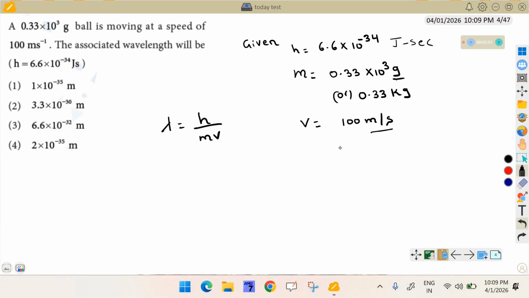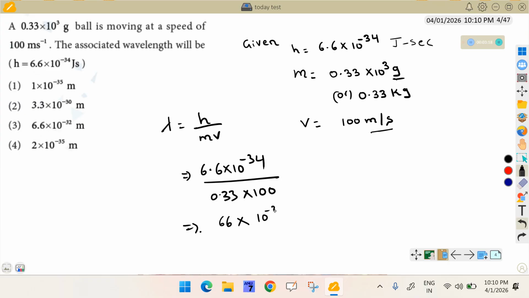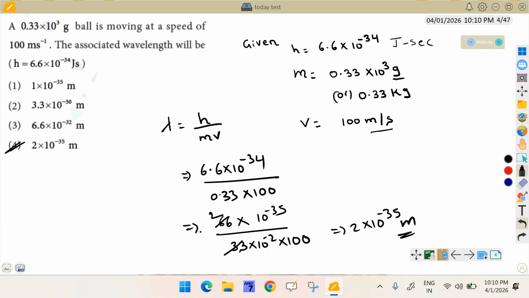First of all, substitute in this formula. 6.6 into 10 power minus 34 by 0.33 into 100. Then it can be written as 66 into 10 power minus 35 by 33 into 10 power minus 2 into 100. 33 how many times? 2 times. 2 into 10 power minus 35 meters. Fourth option correct.